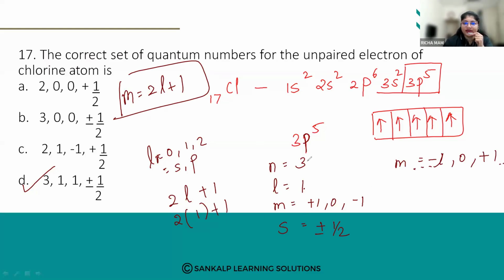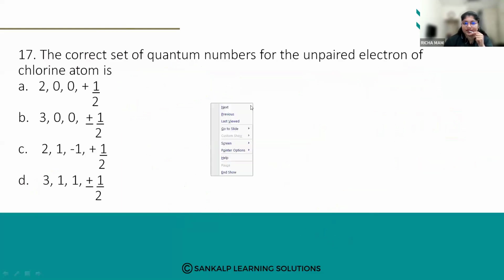Now how many were there? 3. So 3 means +1, 0, and -1. And S value is plus or minus half, so it can be plus half or minus half. So the correct set of quantum numbers for the unpaired electron of chlorine atom is option number D. So option number D is the correct answer.